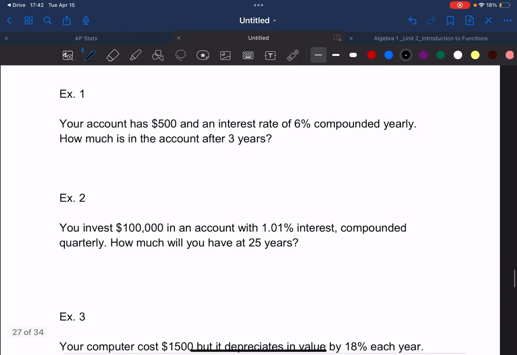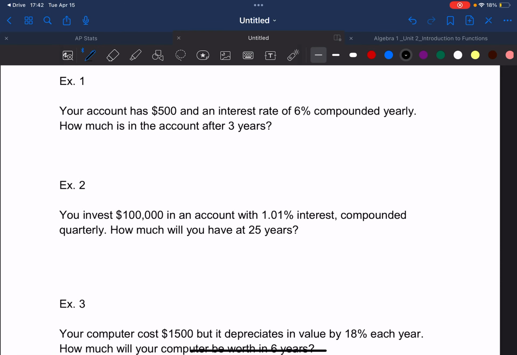So looking at example 1, it says your account has $500 and an interest rate of 6% compounded yearly. How much is in the account after 3 years? Well, this is going to be the interest formula. And remember, that is A is equal to P times 1 plus rate divided by number of times per year, to the power of number of times per year times total years.